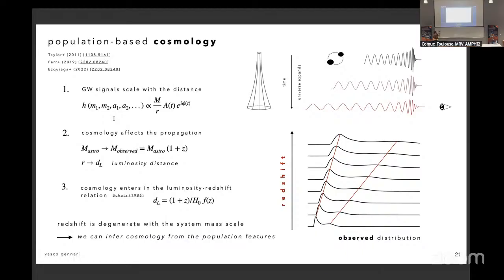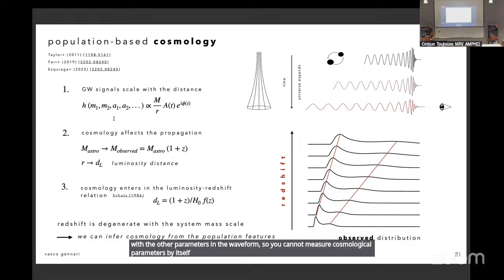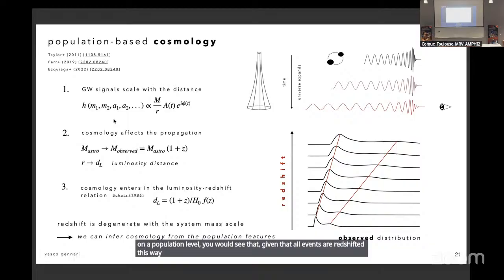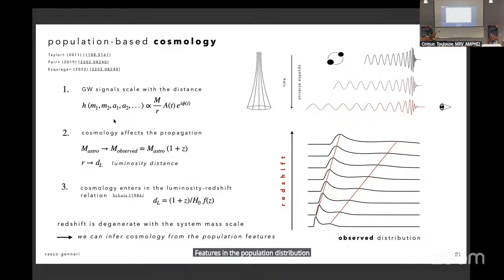If you take one event, this redshift is unfortunately completely degenerate with the other parameters in the waveform, so you cannot measure cosmological parameters from it alone. But if you combine events at the population level, given that all events are redshifted this way, features in the population distribution will be tilted, and the tilt depends on the cosmology.